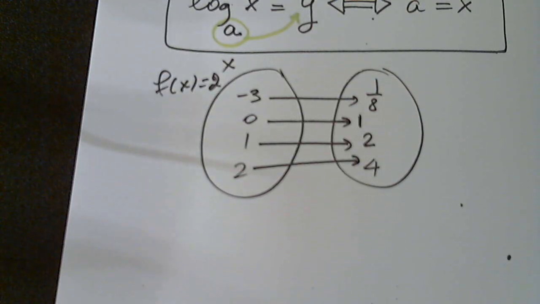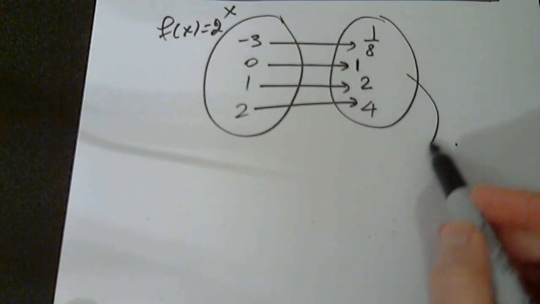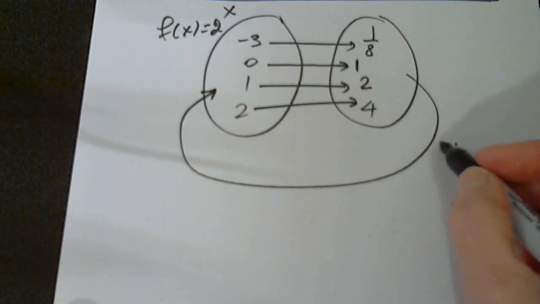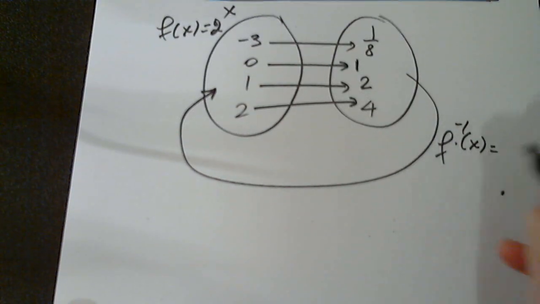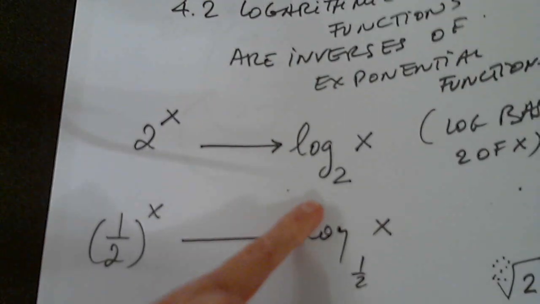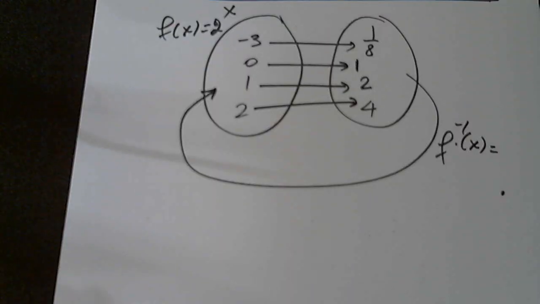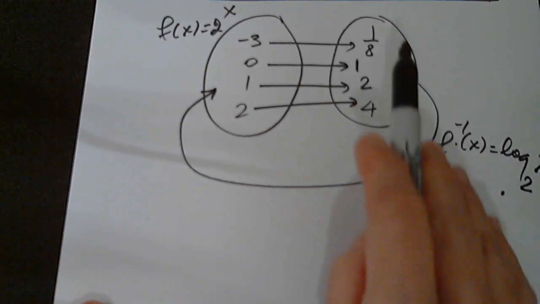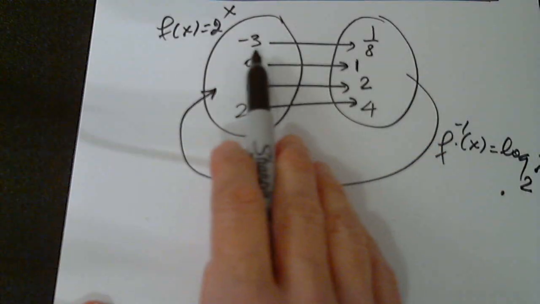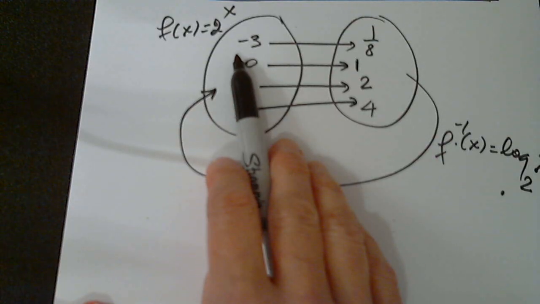But what I want to show you now is that if we apply the inverse function, log base 2 of x, to these numbers, we go back. When I apply log base 2 of 1 over 8, I want to show you that we get -3.